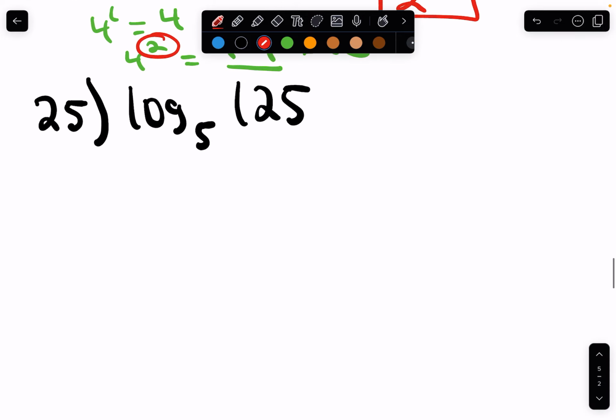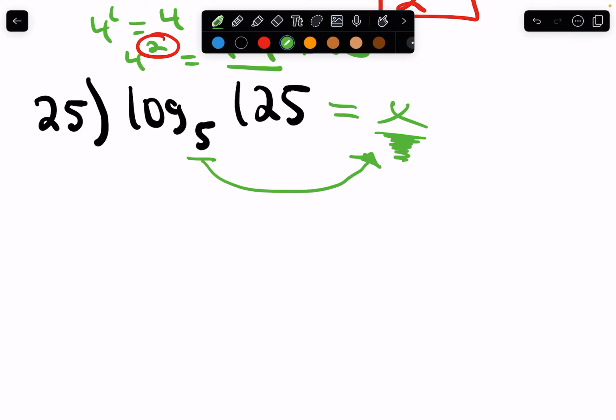Question 25, very similar. This one's a little bit longer, not really, but we have log base 5 of 125. So this would equal our value, whichever x would be. This is what we're trying to find here. So 5 raised to some value is going to give us our 125.